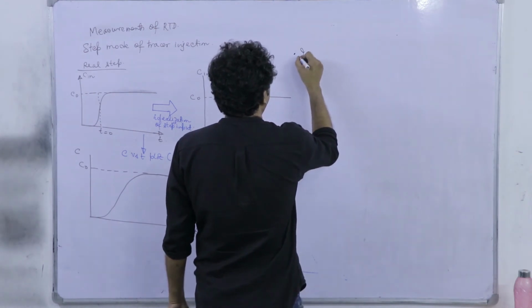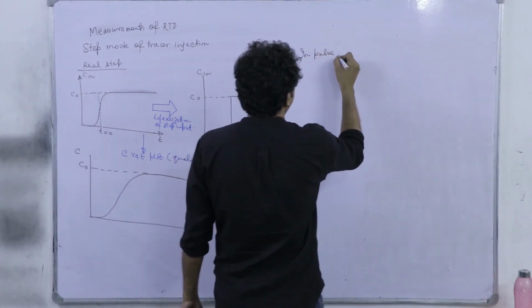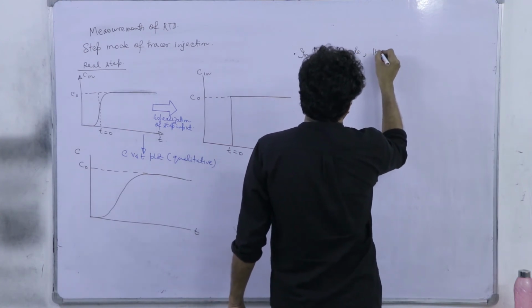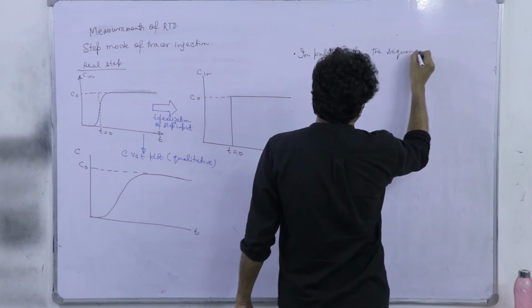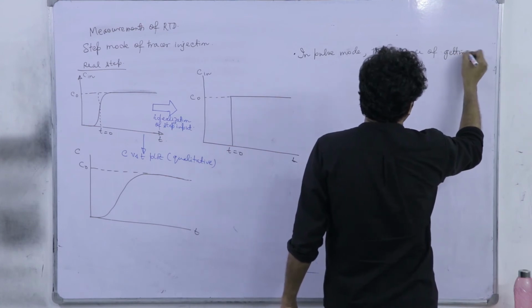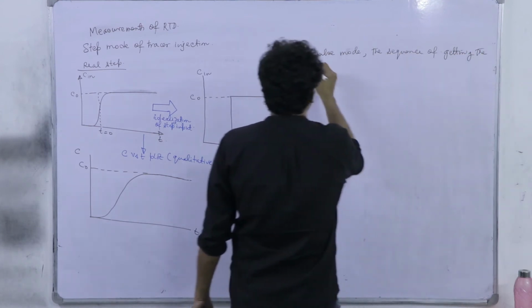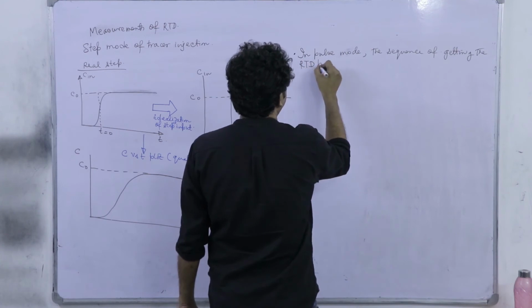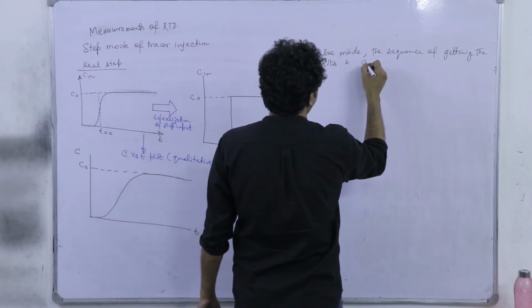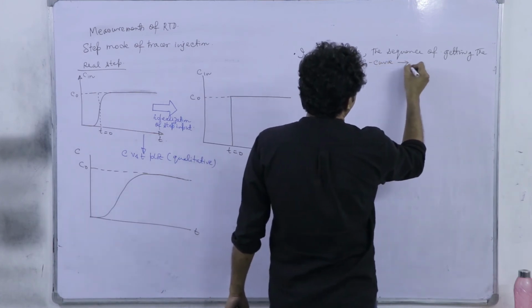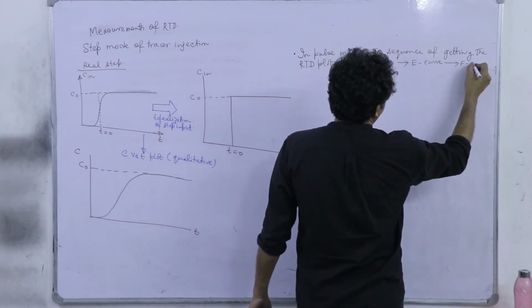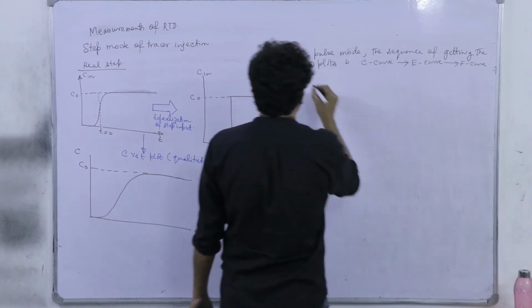So, in pulse mode, the sequence of getting the RTD plots is C curve, then E curve, then F curve, right.